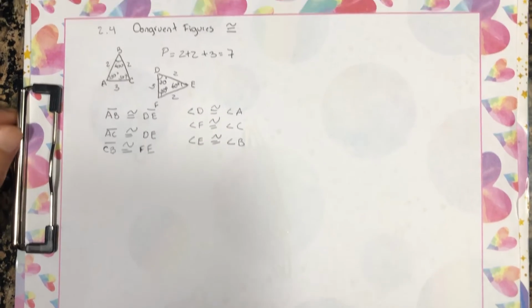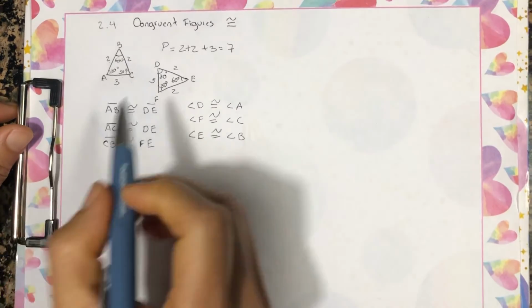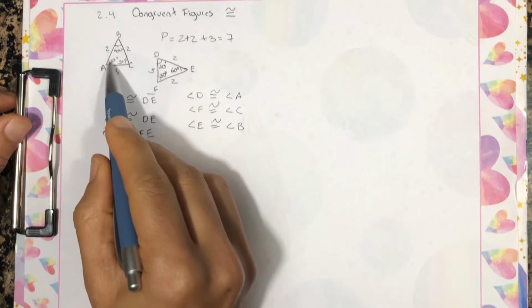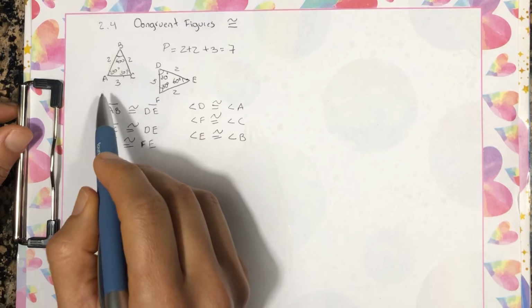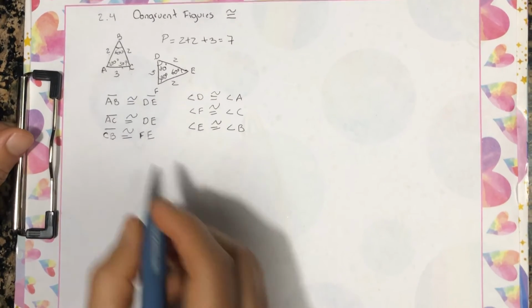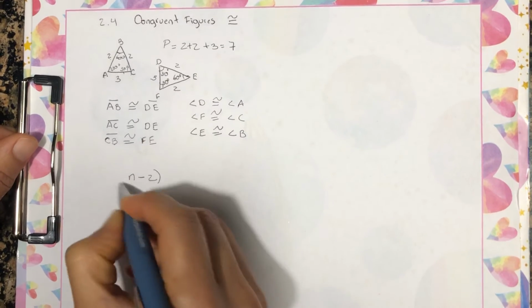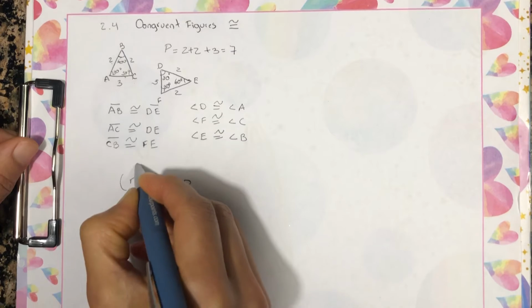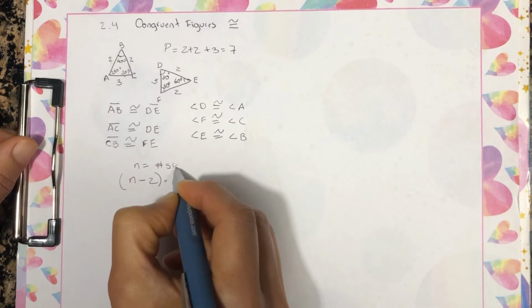Now, in this lesson, you will need to find the measure of the internal angles in a figure. So in a triangle, if you are not given all the angles, you can find how much all the angles measure with the following formula. N minus 2 times 180. And n will be equal to the number of sides of the figure.